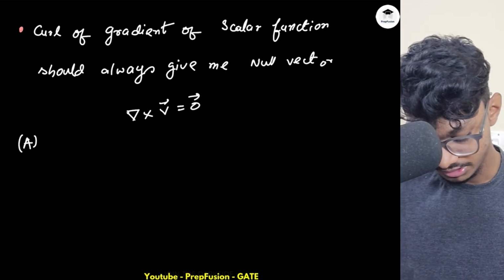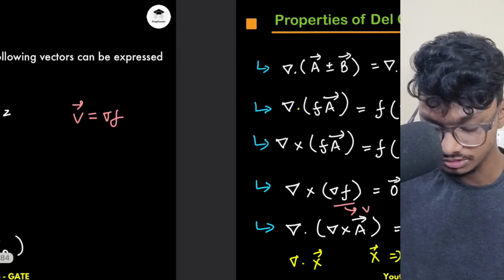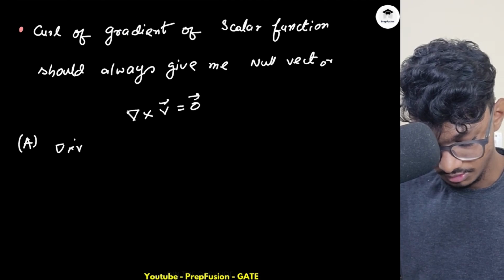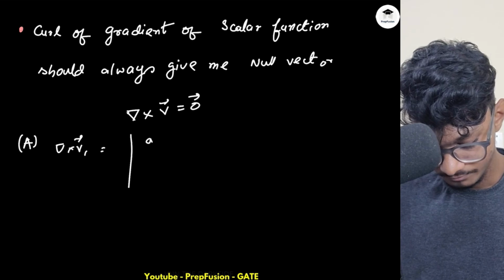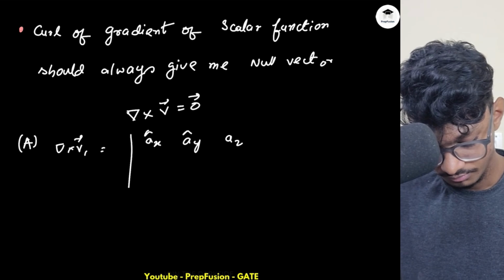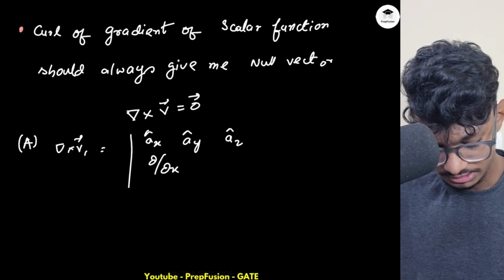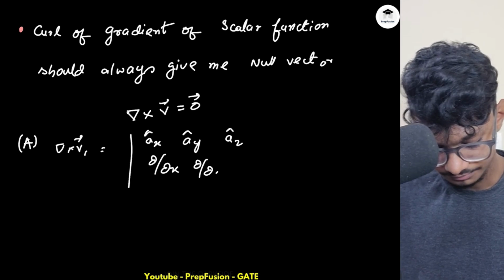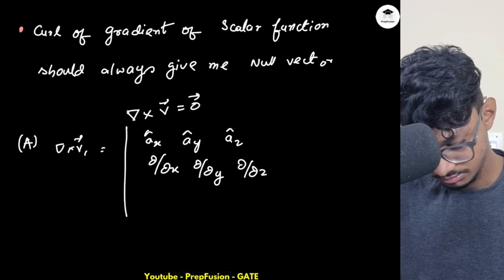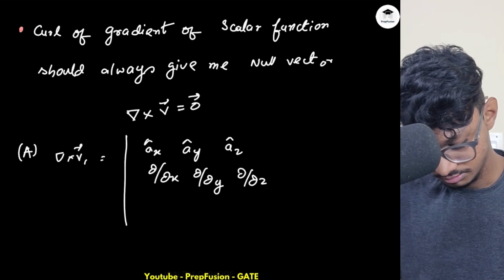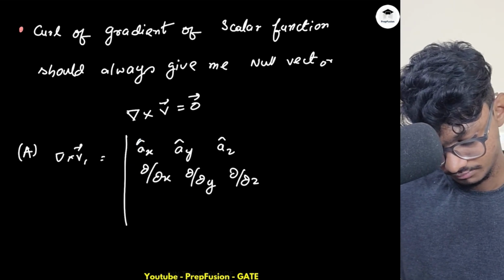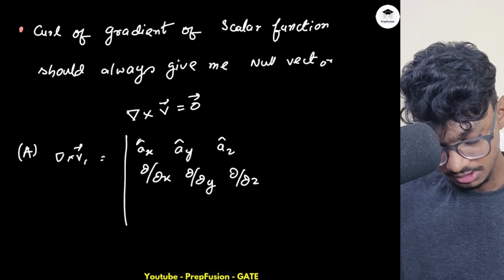So for option A, this is simple. This is in the Cartesian coordinates, so finding the curl of this is actually simple. Del cross v1 will be simply the determinant with ax cap, ay cap, az cap, del x, del y, del z. What is the x component?